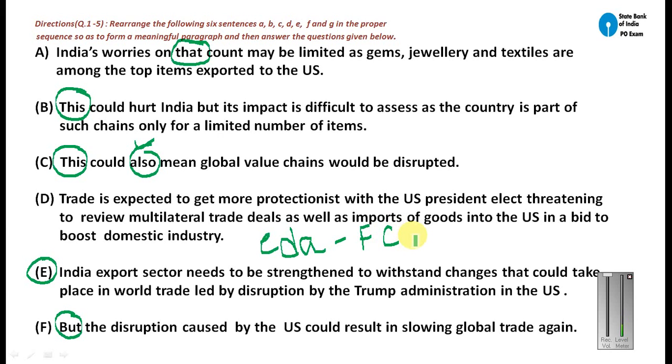Okay, and after C, B will come. This could hurt India, but its impact is difficult to assess as the country is part of such chains. Just see the words "such chains". Okay, in the C sentence we are saying global value chain, and in the B sentence we are saying such chains.